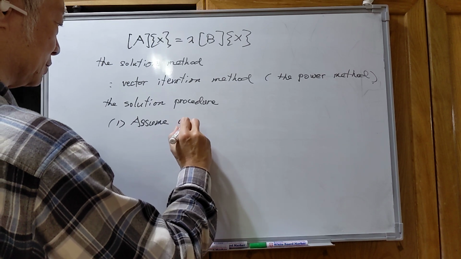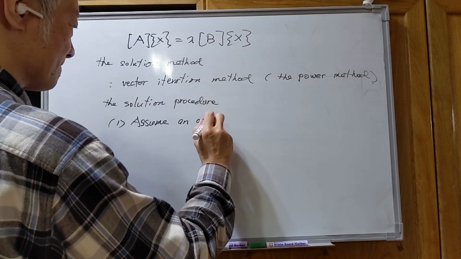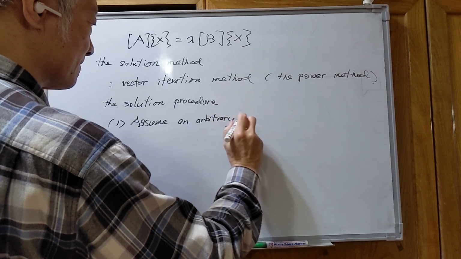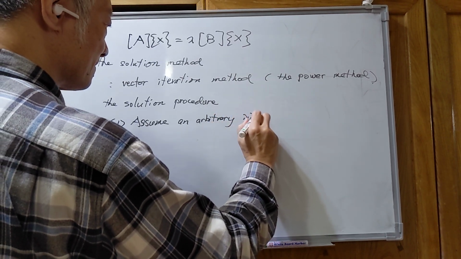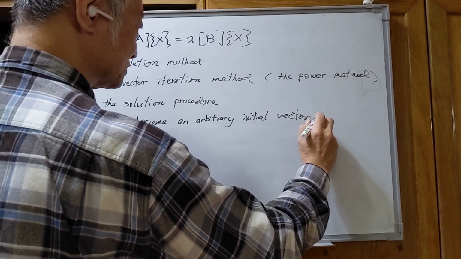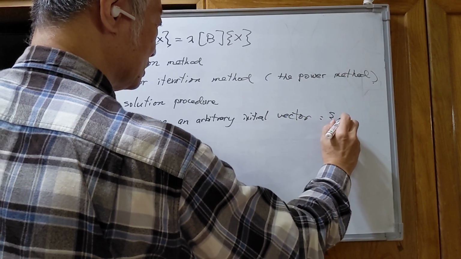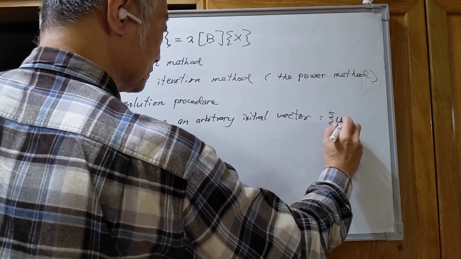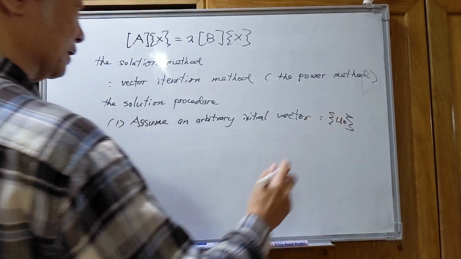an arbitrary initial vector. Let's say that's the U0. Okay.